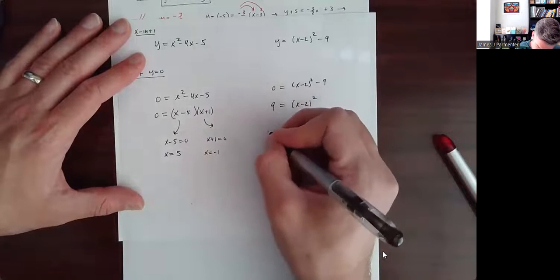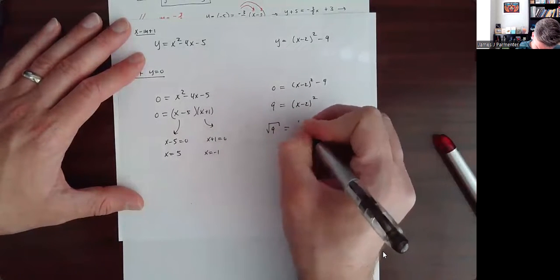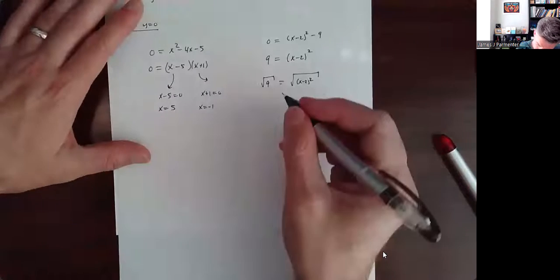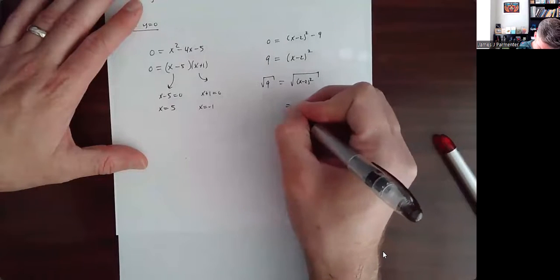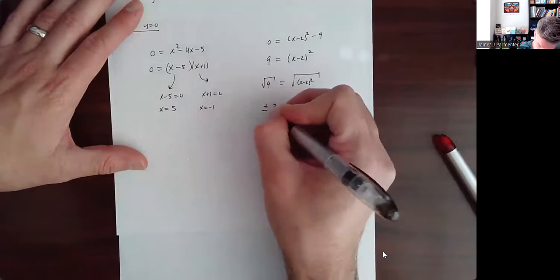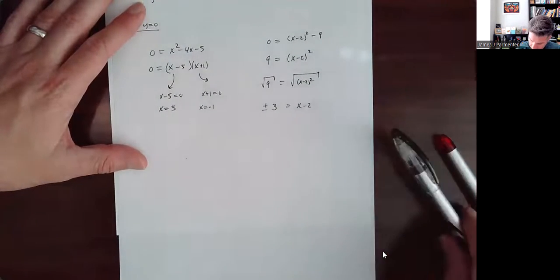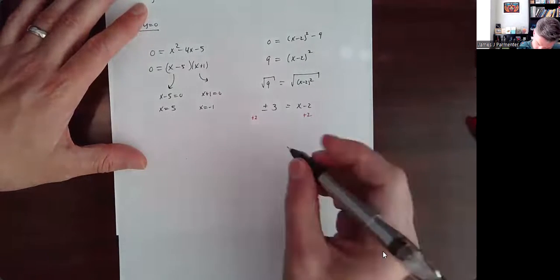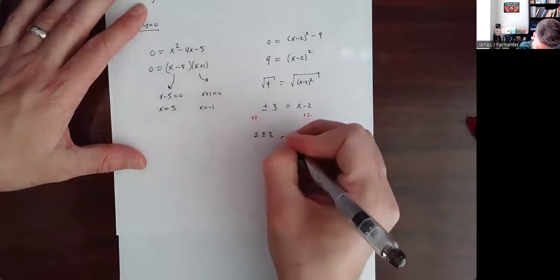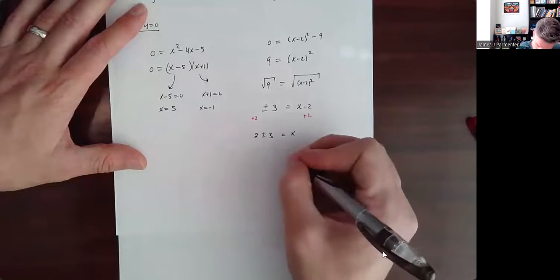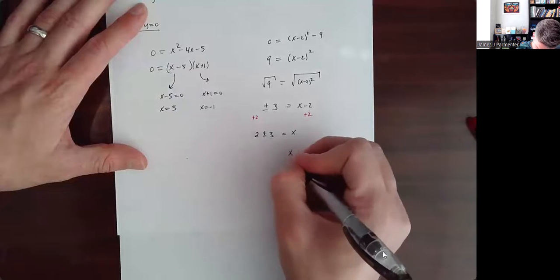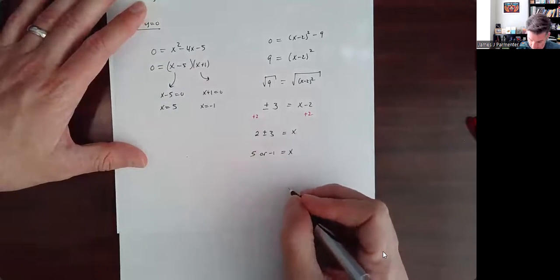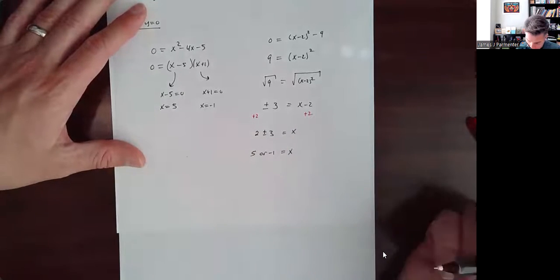So when I square root both sides, I end up getting x minus 2 equal to plus or minus the square root of 9. If I add 2 to both sides, I get 2 plus or minus 3 is equal to x. 2 plus 3 is equal to 5. 2 minus 3 is -1. So that's how we're getting the same thing either way.